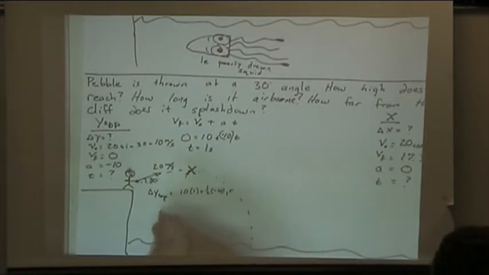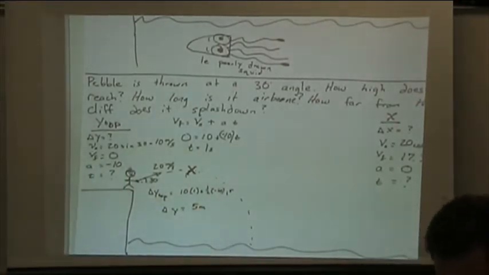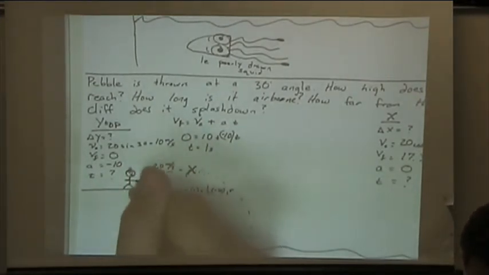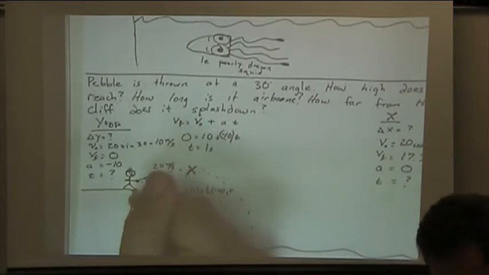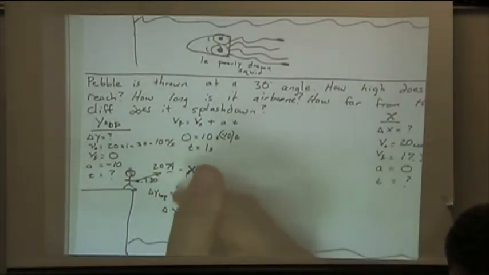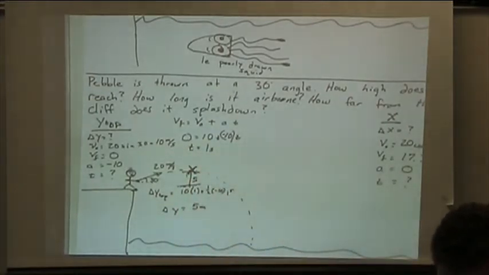So delta y is going to equal 5 meters. Now again, that's the height from our cliff, and we're neglecting any difference between a person's hand and the height of the cliff here. So from here to here is 5 meters.